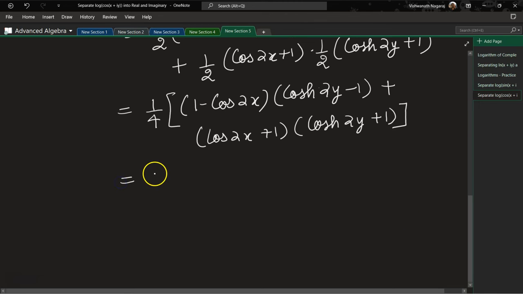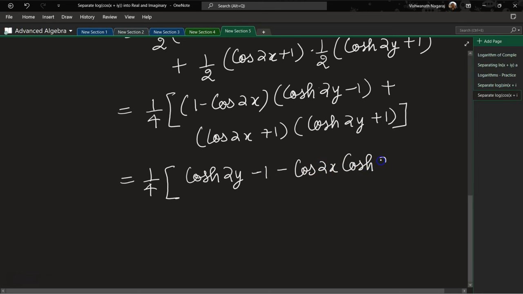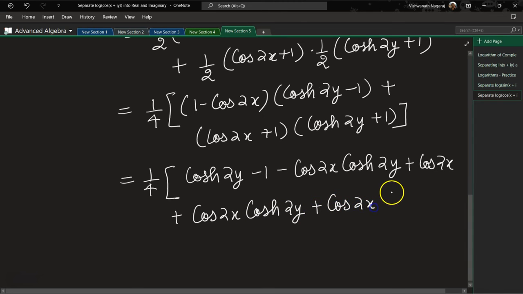Now let's multiply. So 1 by 4, we get hyperbolic cos 2y minus 1 minus cos 2x hyperbolic cos 2y, minus times minus plus cos 2x, and then we have plus cos 2x hyperbolic cos 2y plus cos 2x plus hyperbolic cos 2y plus 1.